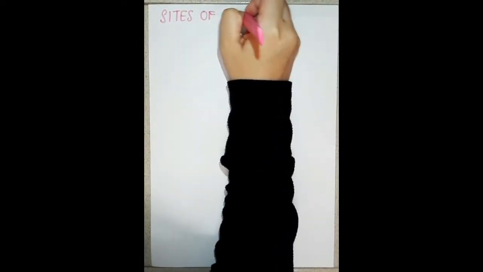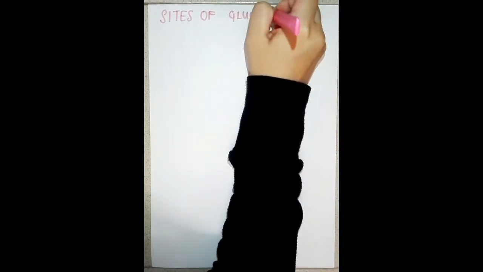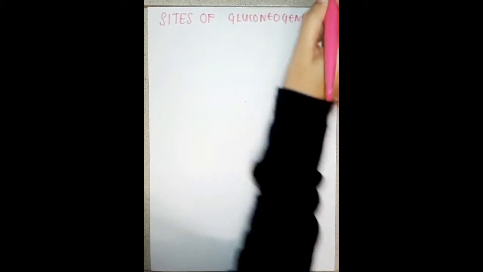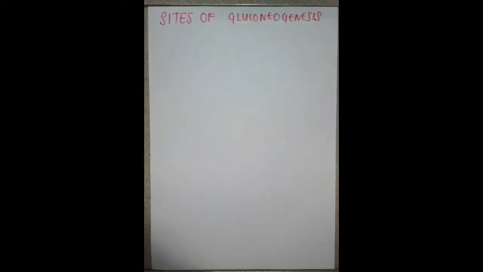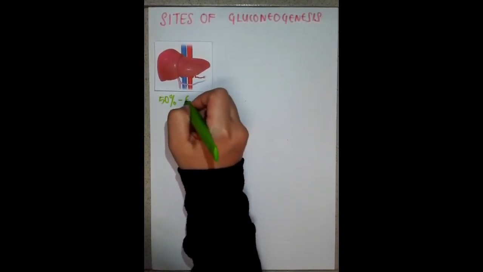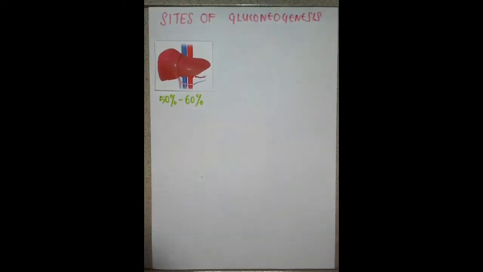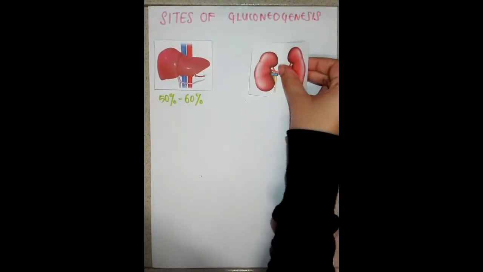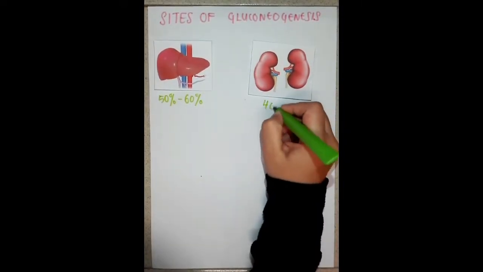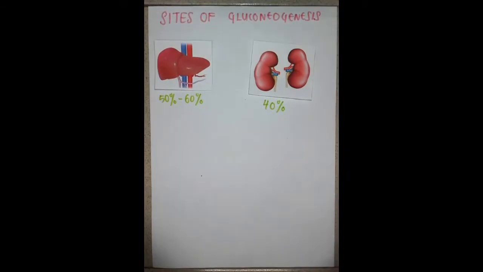Then we will take a look at sites of gluconeogenesis. 50 to 60% of the process of gluconeogenesis occurs in the liver. 40% of the process of gluconeogenesis occurs in the kidney.